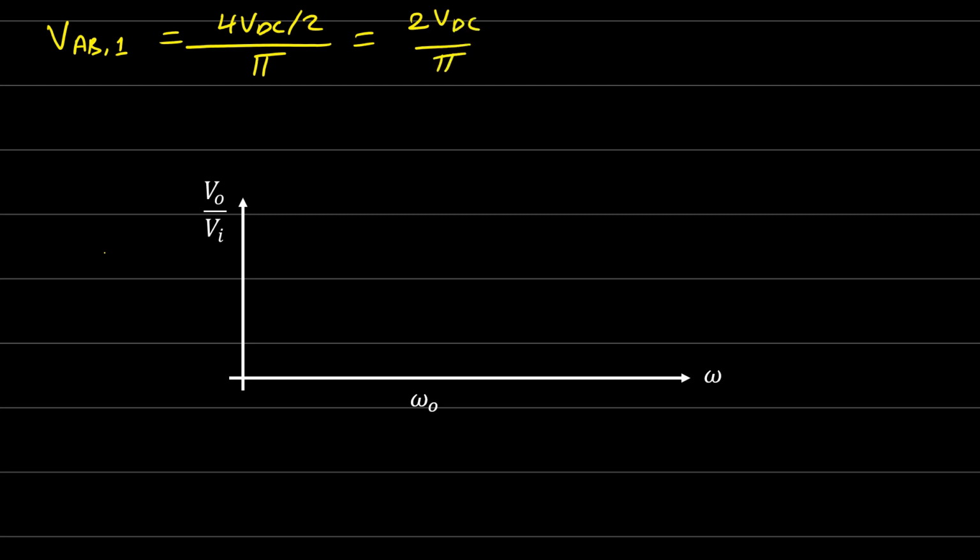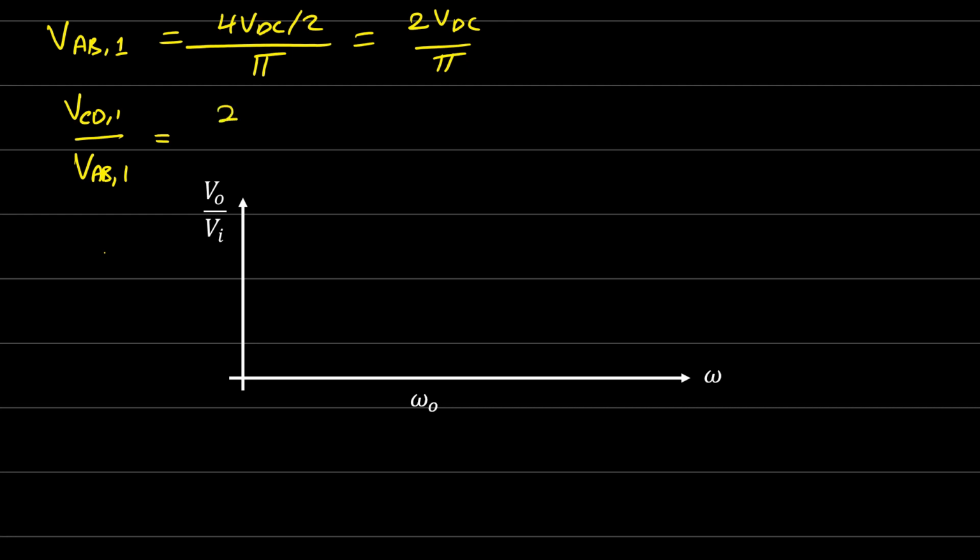Because we said 4 times the DC voltage, which is V_DC over 2 in this case, over pi, the relation between sine wave and the square wave. V_CD1 over V_AB1, in this case the output voltage over the input voltage.